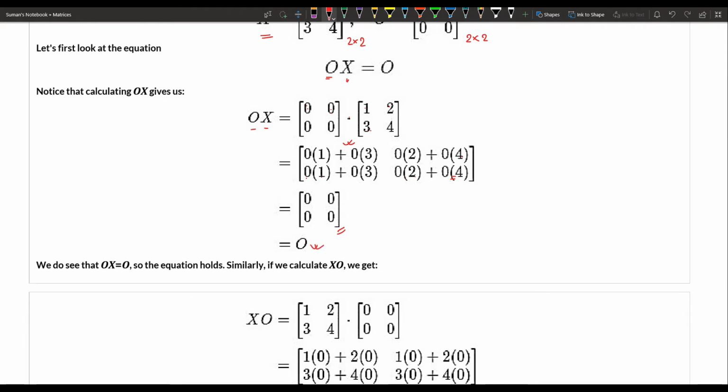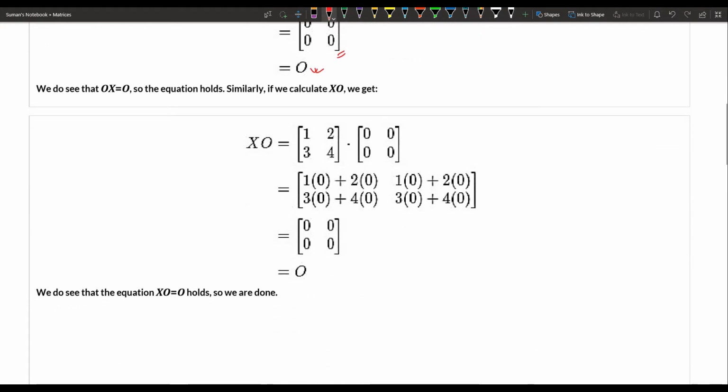Now we check the null matrix on the right hand side of the non-zero matrix. That means 1, 2, 3, 4 into 0, 0, 0, 0. That also gives 1 times 0 plus 2 times 0, 1 times 0 plus 2 times 0, 3 times 0 plus 4 times 0, 3 times 0 plus 4 times 0.